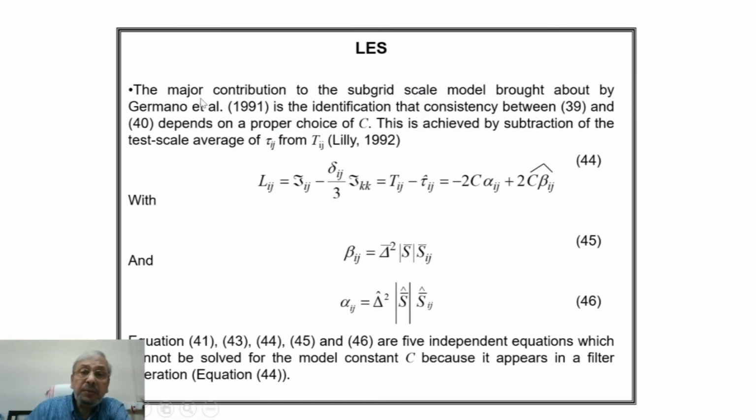The major contribution to the subgrid scale model brought about by Germano, which I have already mentioned, is emphatically the identification of the consistency between equation 39 and 40.